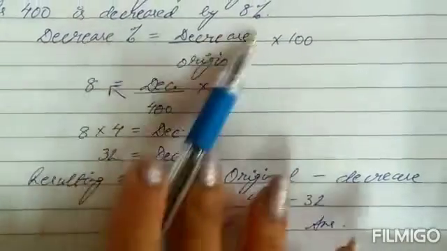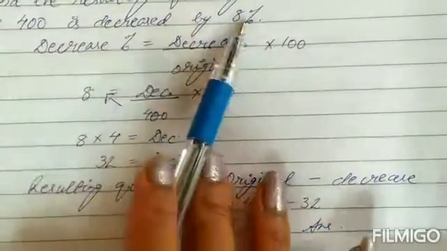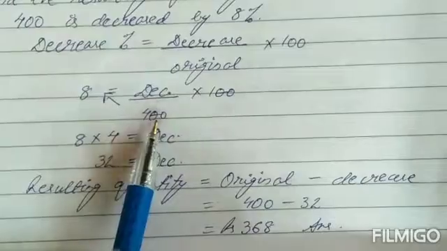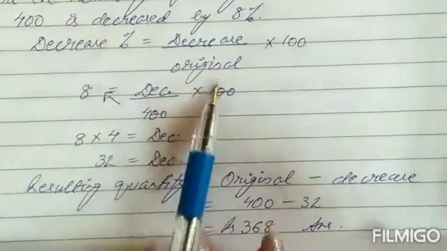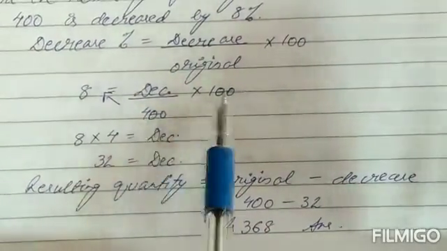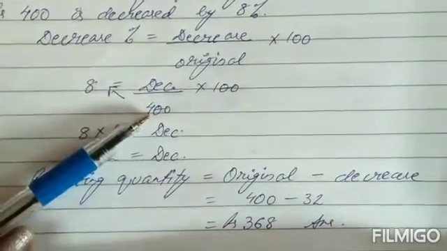Now you are going to write the formula, children, of the decrease percent, and where it is written decrease percent, write 8 over there. This time we don't know the decrease, but we know the original, that was 400, multiplied by 100. Now the zeros can be cancelled from both places, the numerator and the denominator. 4 is in division this side, children.